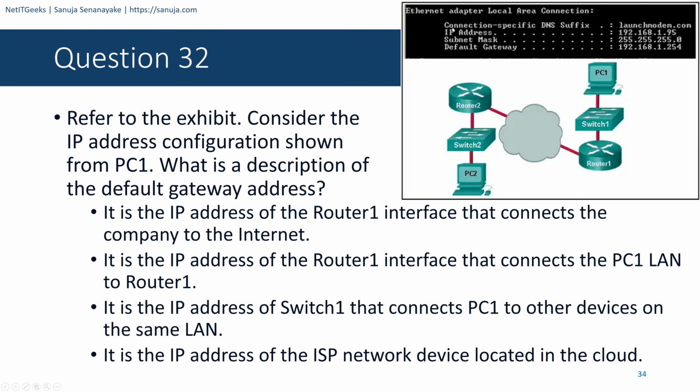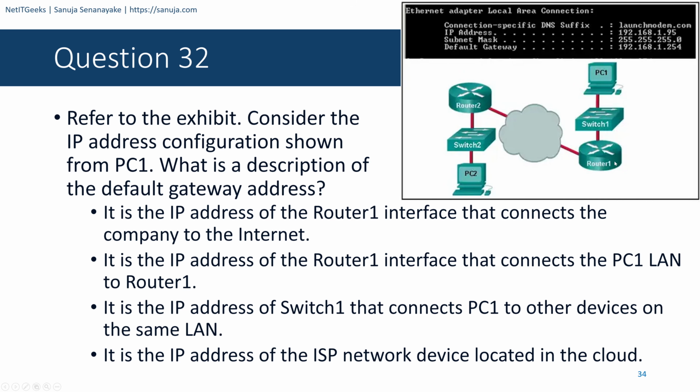What do we have here? We have the DNS information, the IP address of that PC, the subnet mask, and the default gateway. So it is asking what is the description of the default gateway address that we can find in these answers. The answers include: it is the IP address of the router 1 interface that connects the company to the network.